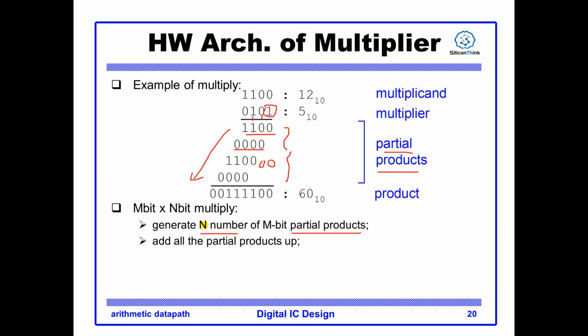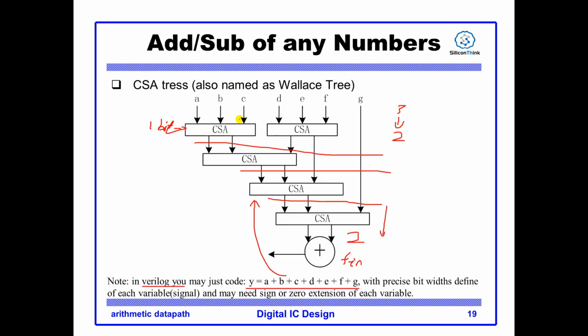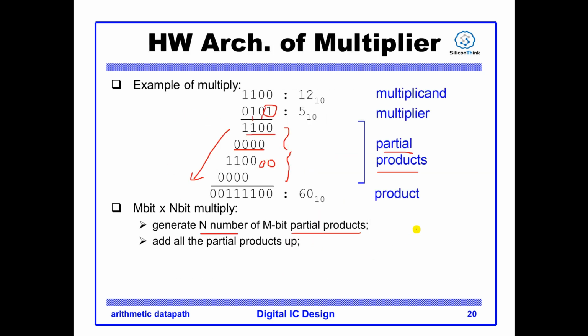To add the n numbers, you can use this architecture. So based on the adder tree, the multiplier is easy to implement.